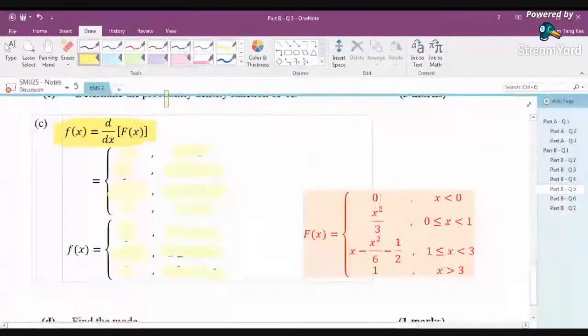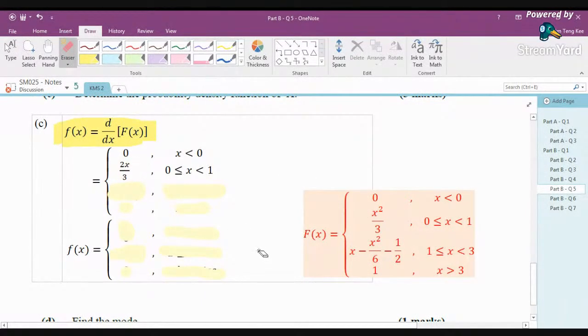See properly in my solutions, where I consider the first interval in my cumulative, x less than 0. When I differentiate the constant 0, I get 0. The next one, from 0 until 1, differentiate x squared divided by 3, I get 2x over 3.